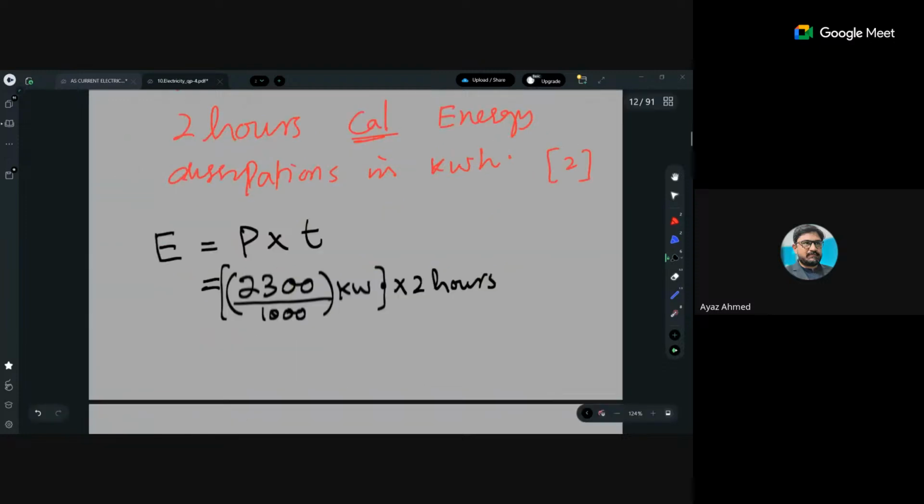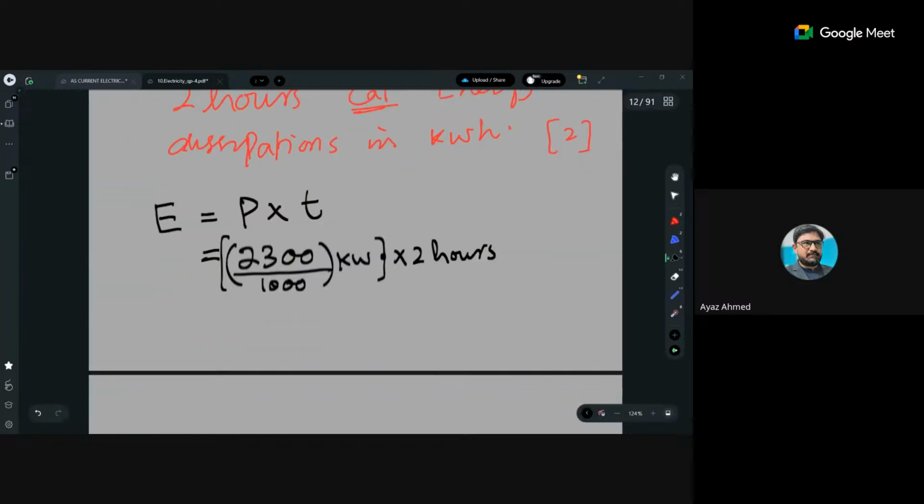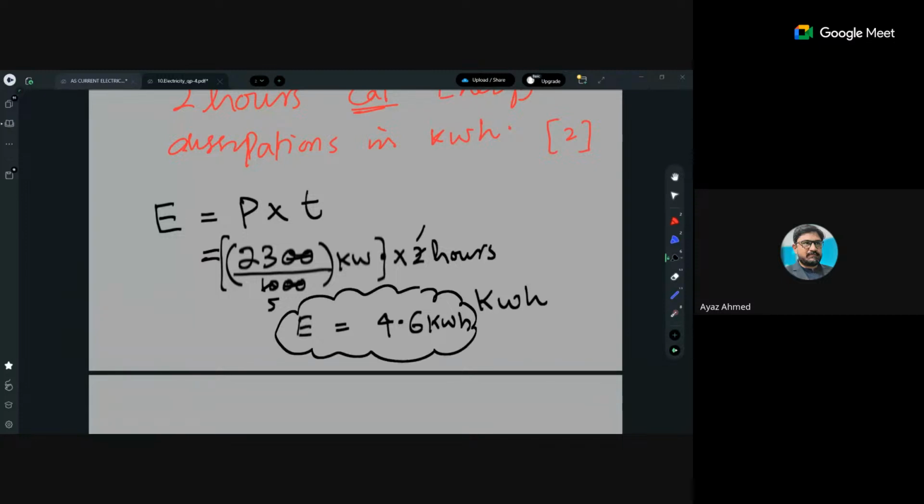I have written units to make it clear that the answer will be in kilowatt hour. So just do the calculation. 4.6 kWh. Is it clear? Yes, sir.